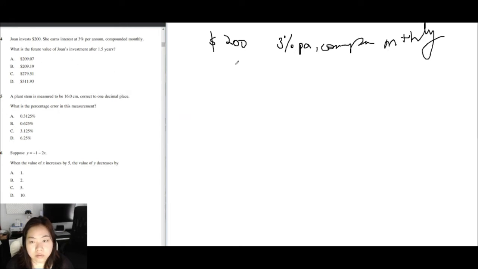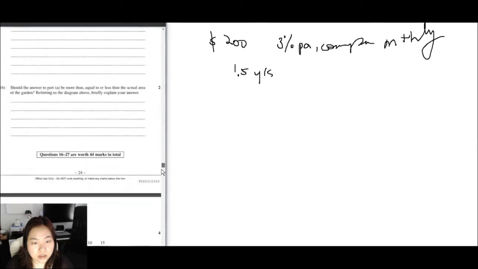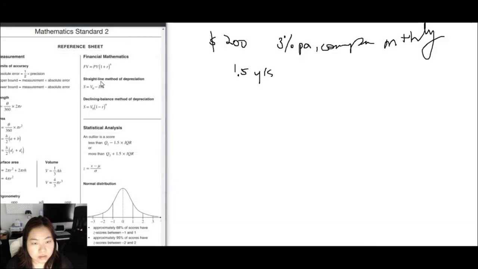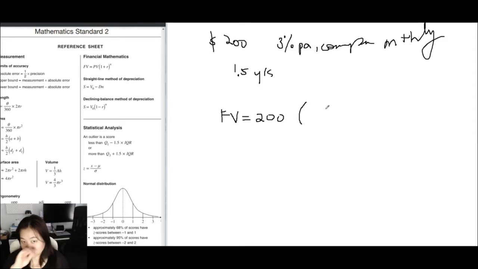What's the future value after 1.5 years? Okay, let's go get the formula. Future value is equal to present value times 1 plus the rate, but the rate is not 3% because that's yearly.